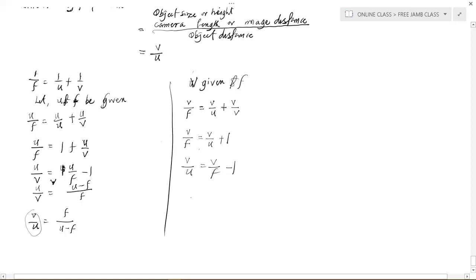In this case, our magnification on this side is F over U minus F. That's the opposite here. Magnification here will be V minus F over F. If it is V, it's V minus F over F. If it is U, it's F over U minus F.